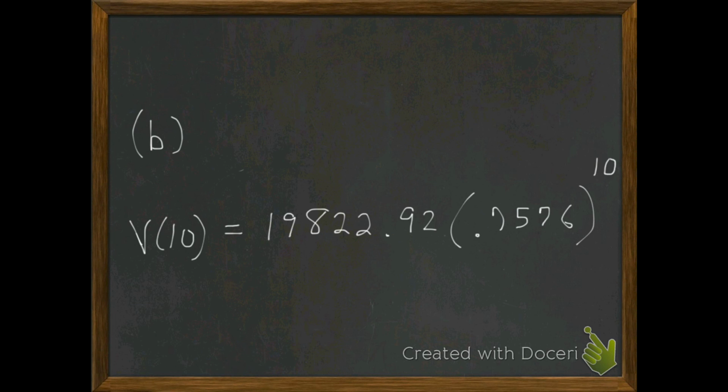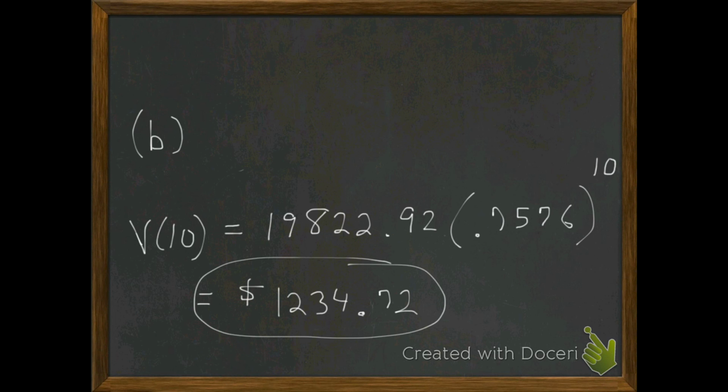So our answer, 19,822.92 times 0.7567 raised to the 10th power gets a value of not much. So we got $1,234.72.